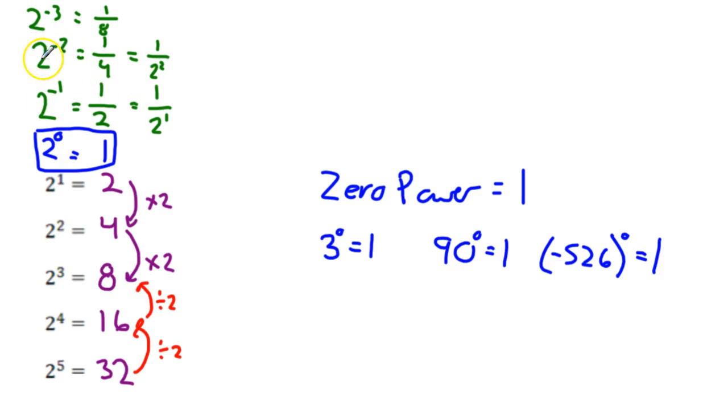So 2 to the negative 2 power is the same as 1 divided by 2 to the positive 2. You make the negative positive and put it on the bottom. And lastly, we've got 1 over 2 to the third power, right? 2 to the negative 3 is 1 over 2 to the positive 3. So we've got the 0 power rule and we've got a negative exponent rule.